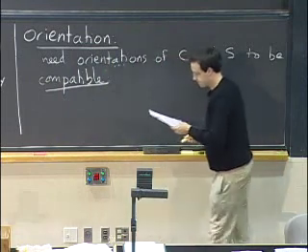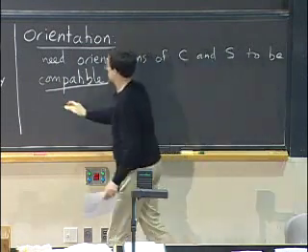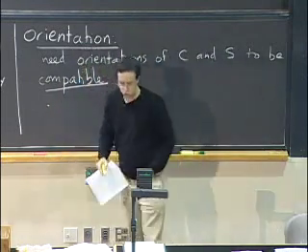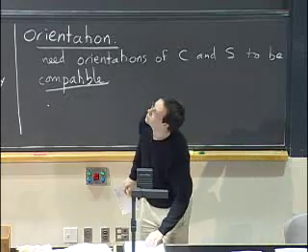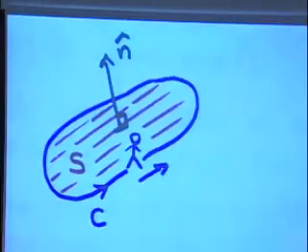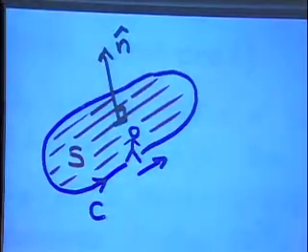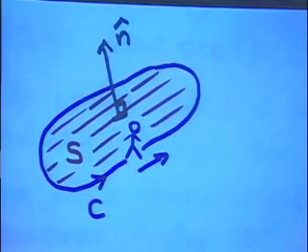So the rule is, okay, let me show you a picture. The rule is if I walk along C with S to my left, then the normal vector is pointing up for me.